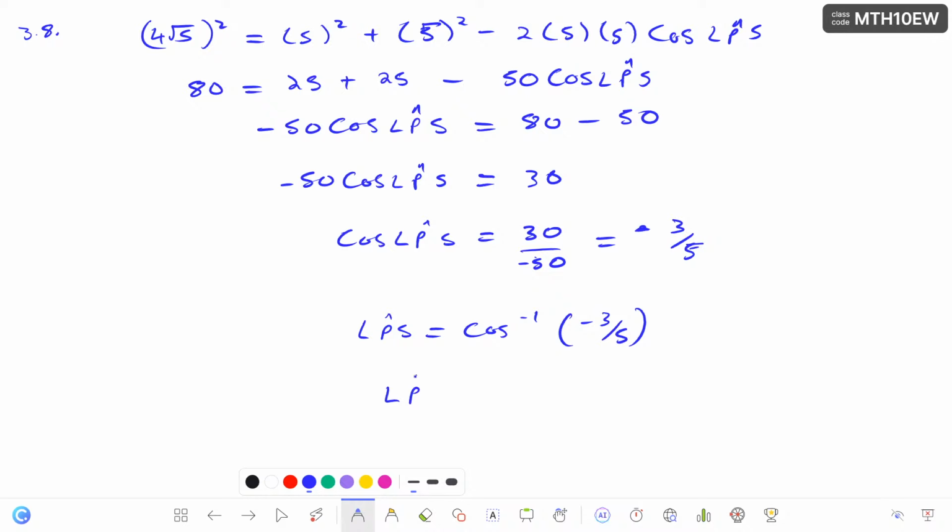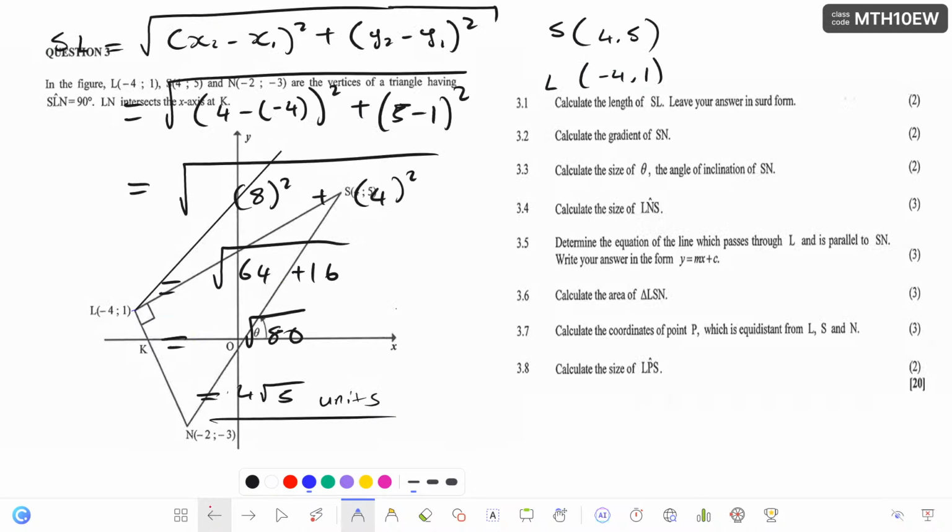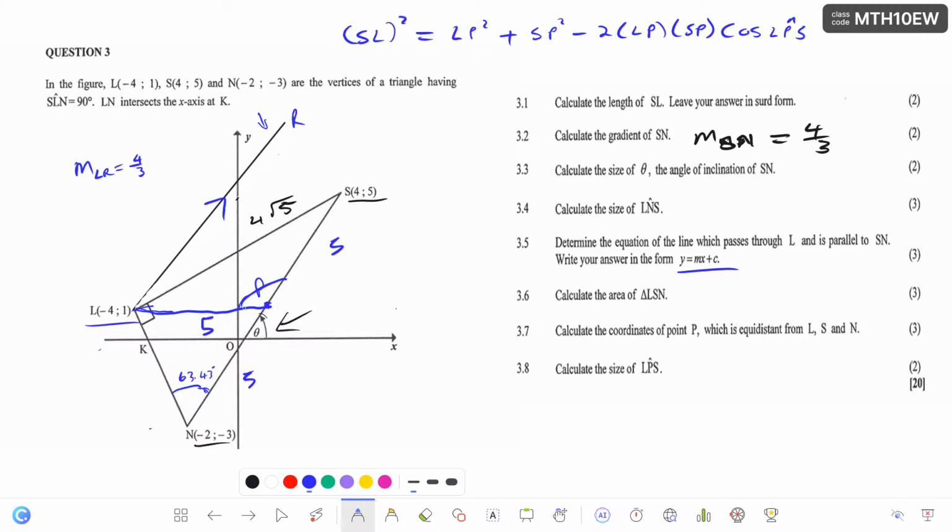So LPS is going to be 126.87 degrees. So we now know the angle of this one, which is 126.87 degrees.